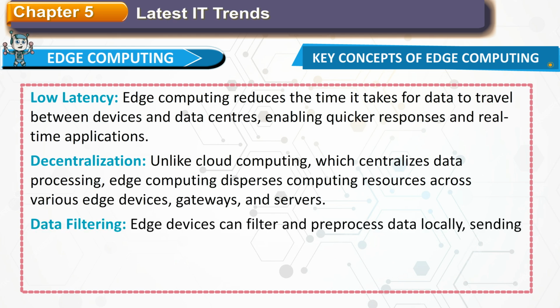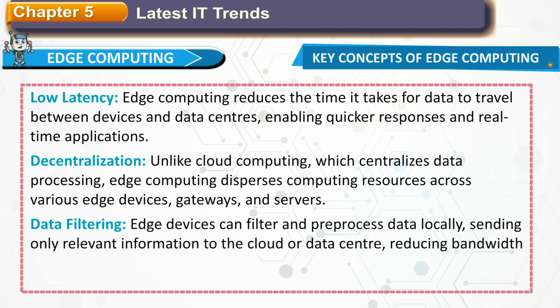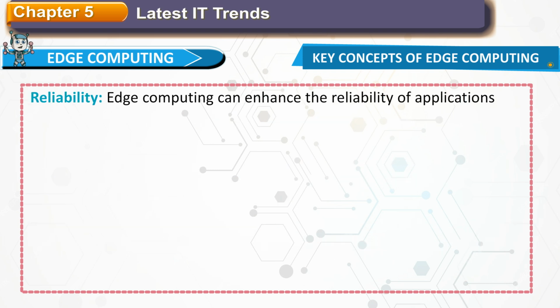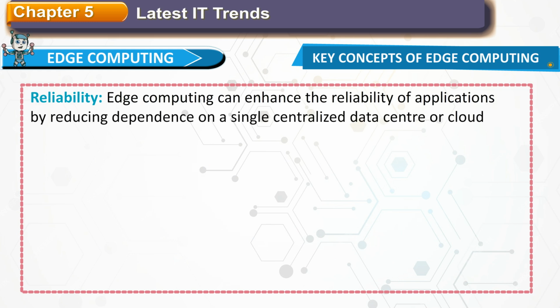Data filtering. Edge devices can filter and preprocess data locally, sending only relevant information to the cloud or data center, reducing bandwidth usage. Reliability. Edge computing can enhance the reliability of applications by reducing dependence on a single centralized data center or cloud provider.